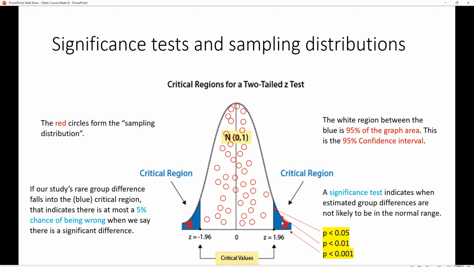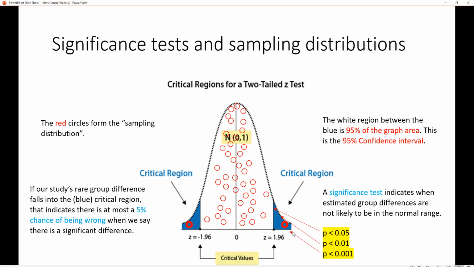So we would say it's significant, but now we can say it's at a greater degree of significance. There's only a 1% chance that we're likely to say something is significant and be wrong about that. And the third value that we see would be the p is less than 0.001 value.